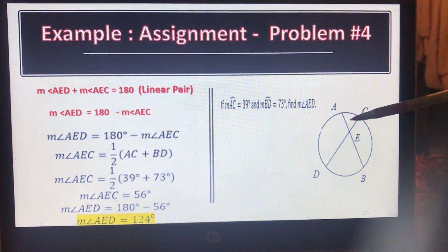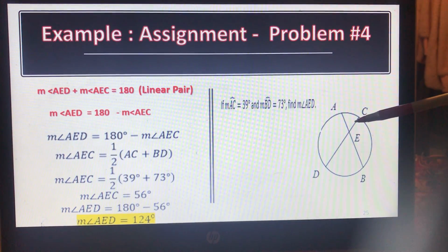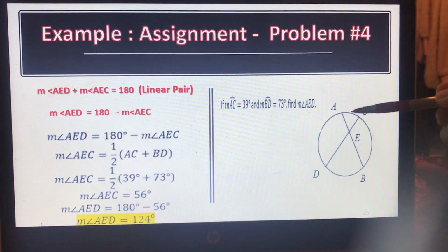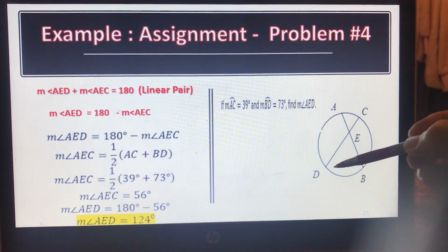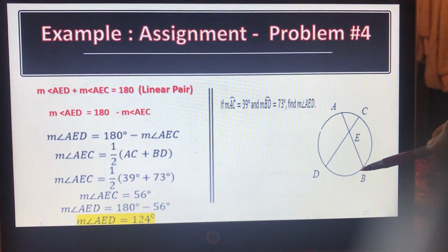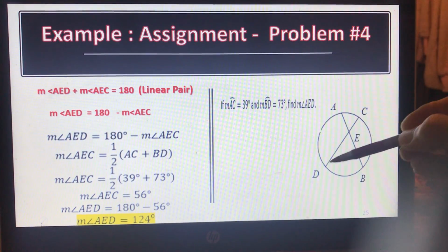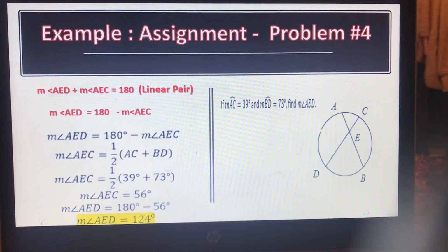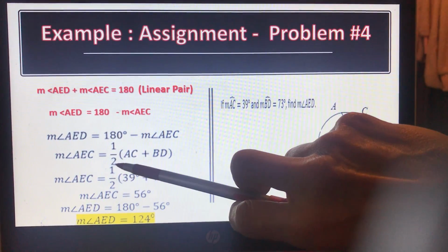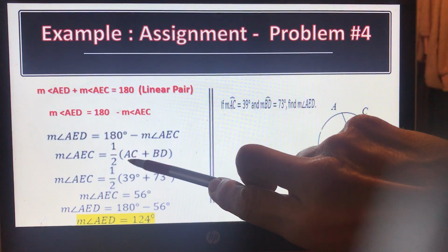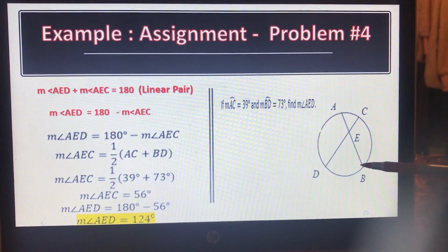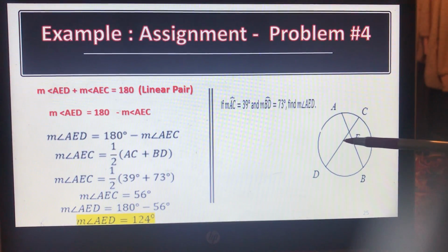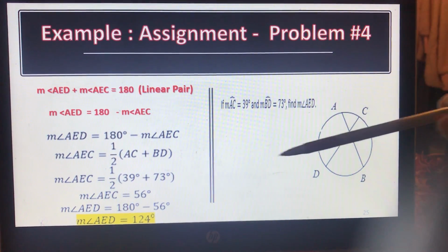That means the measure of AEC is going to be equal to 1/2 of arc AC, which is intercepted by AEC, plus the measure of arc DB, which is the arc intercepted by this vertical angle, which is DEB. So here we have the measure of AEC is going to be equal to 1/2 of AC, which is the intercepted arc of vertical angle number 1, plus the measure of arc DB, which is the arc intercepted by this vertical angle.